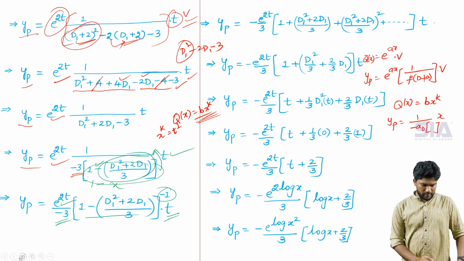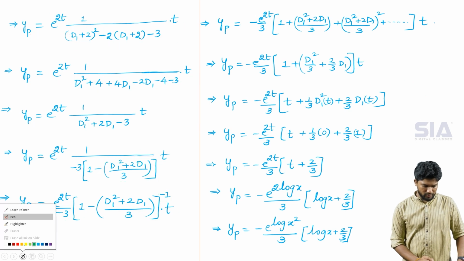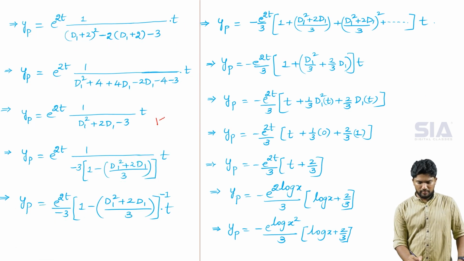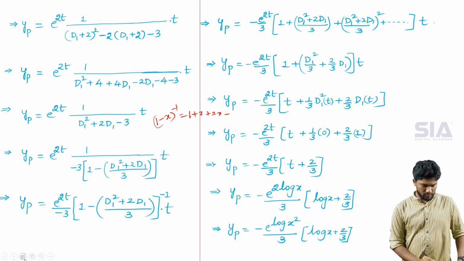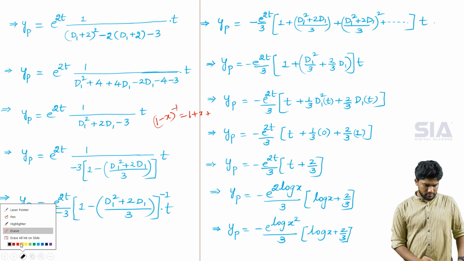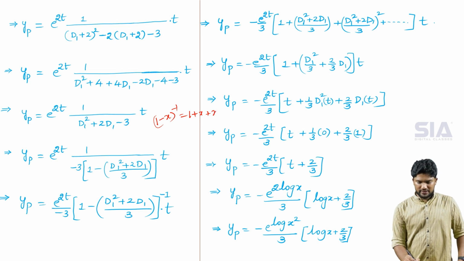Now it is in this format. You know very well the formula from the binomial expansion: 1 minus x whole power minus 1 is 1 plus x plus x square plus x cube and so on.